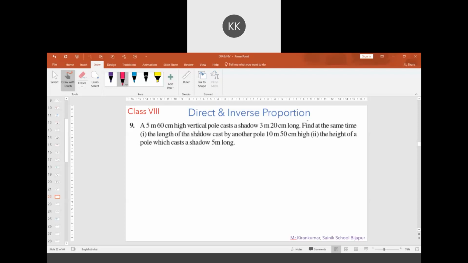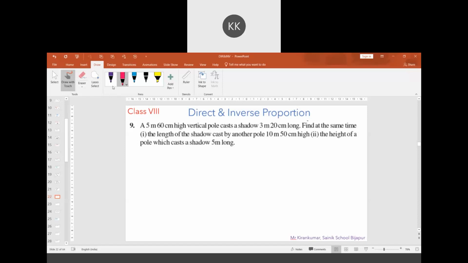Find at the same time the length of the shadow cast by another pole 10 meter 50 centimeter high, and the height of the pole which casts a shadow 5 meter long. They have given the length of the pole in one. We have to find the shadow. In the next one, they have given the shadow. We have to find the actual length.